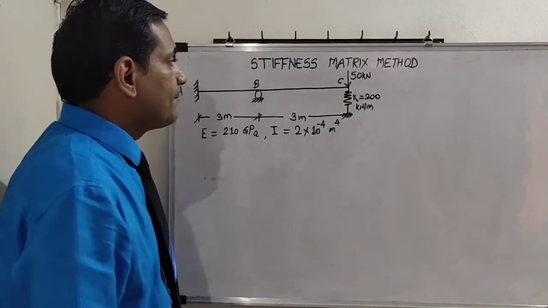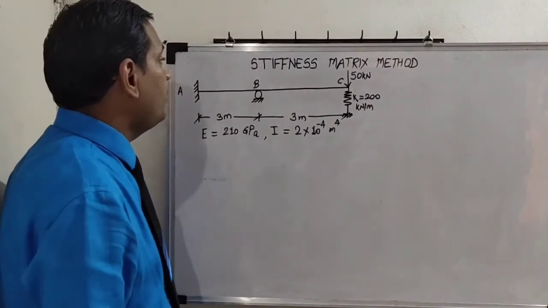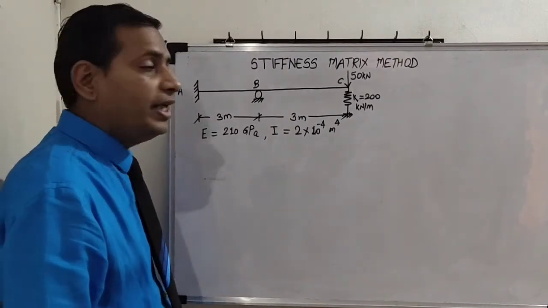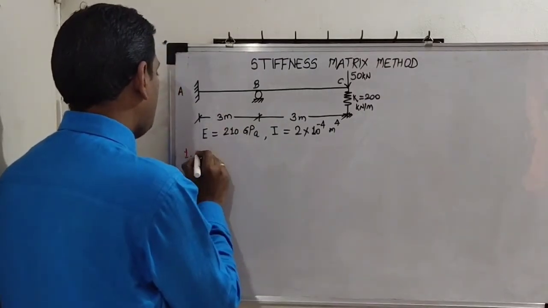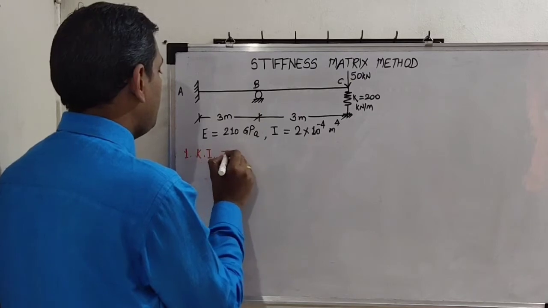So first of all, unknown displacement quantities will be our first step, that will be kinematic indeterminacy. So what is kinematic indeterminacy of this beam? It is 3.